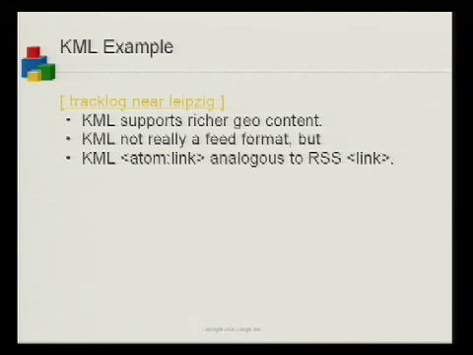But we do support atom link and name author elements in KML as a way to incorporate those attribution elements. So we'll index those as a way to provide you with the authorship, the attribution, when you're doing a geo search.